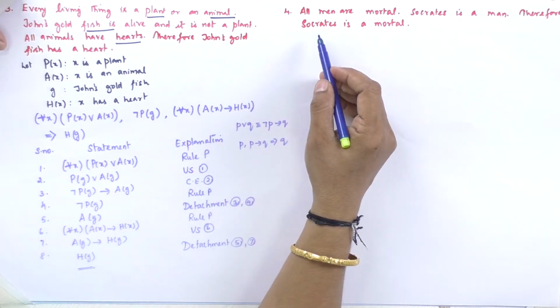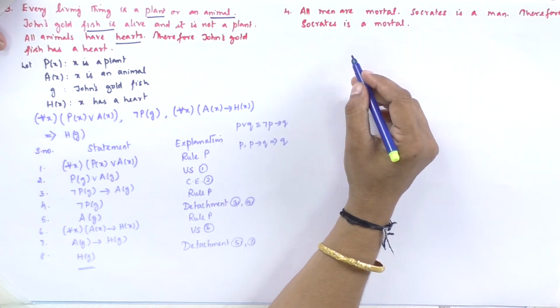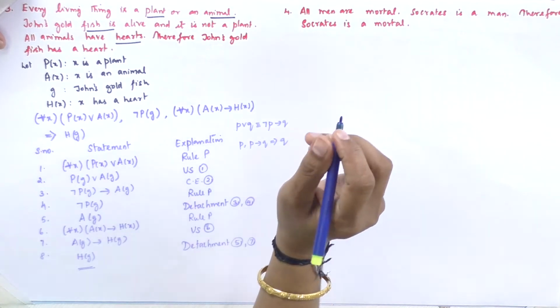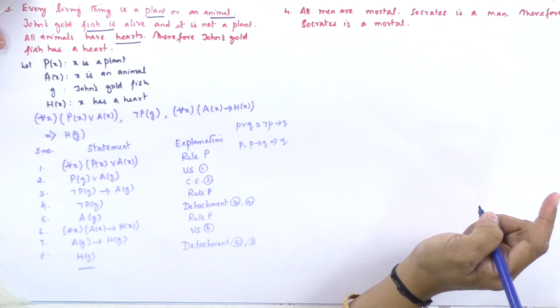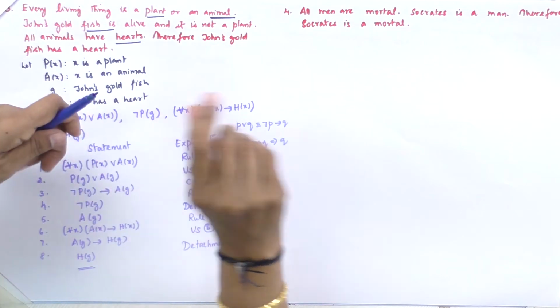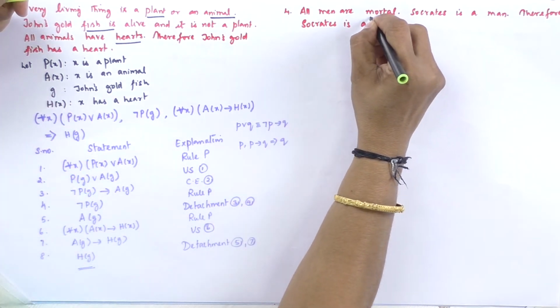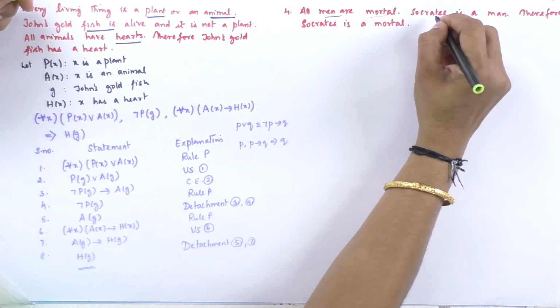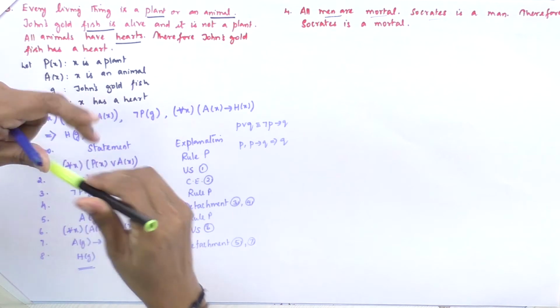Next, we will see here: all men are mortal, Socrates is a man, therefore Socrates is mortal. So here all men are mortal, Socrates is a man, therefore Socrates. So we will have to identify. How do we identify? All men are mortal. First thing we will have to denote it. Socrates, he is a man, right?